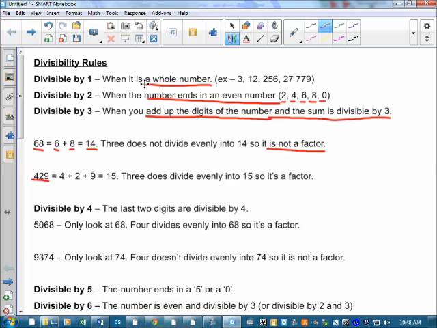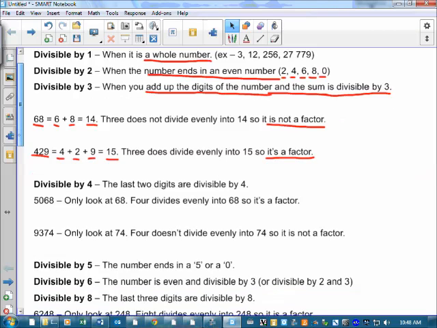Look at this next one. 429. So we go 4 plus 2 plus 9. That gives us 15. So skip counting again. 3, 6, 9, 12, 15. 3 goes into 15 evenly. So 3 is a factor in that number.